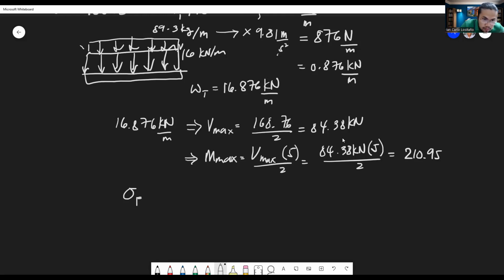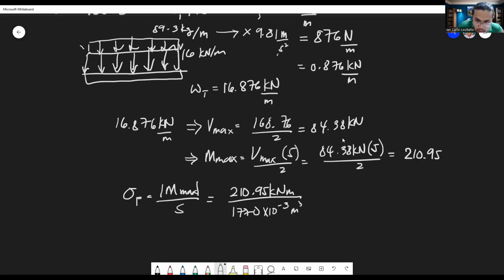Now the sigma F, the flexural stress, is M max over S. We get 210.95 kilonewton meter over 1770 times 10 to the negative 3 meter cubed.